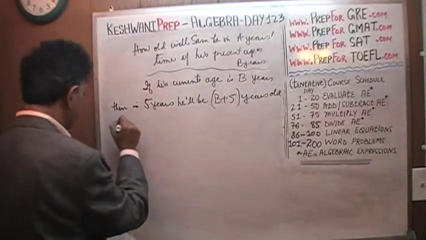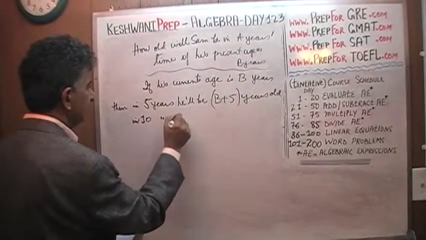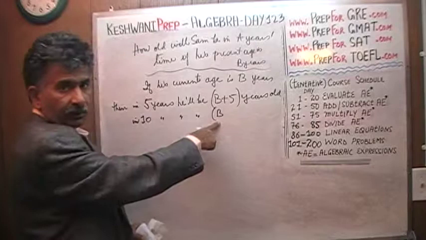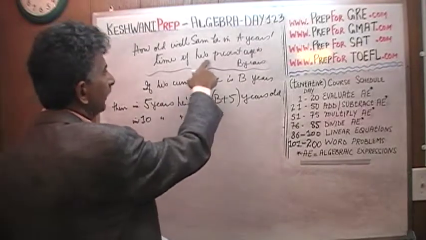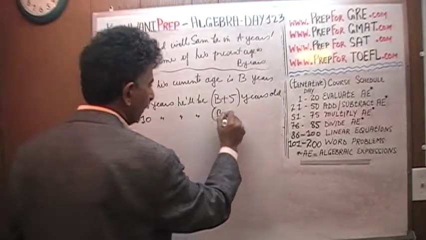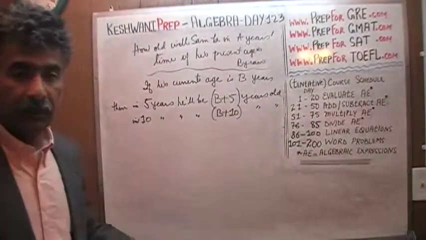In 10 years' time, he will be whatever his current age is today, which we are told is B years, plus 10 more. That's how old he is going to be 10 years from now.